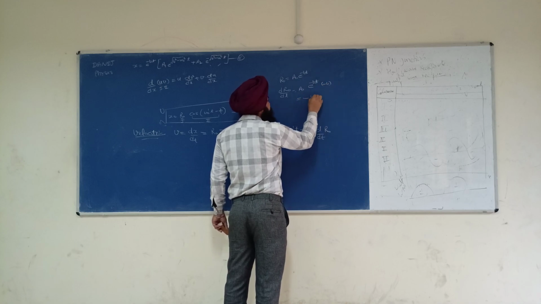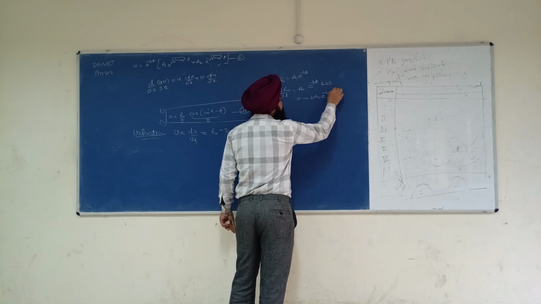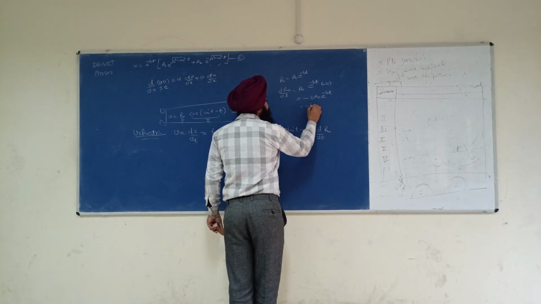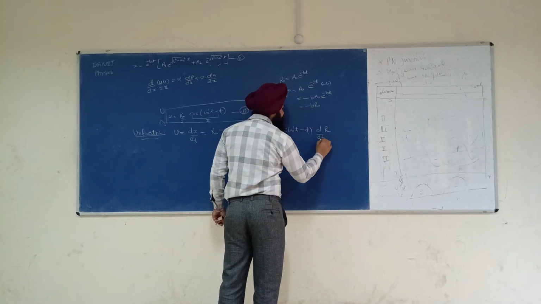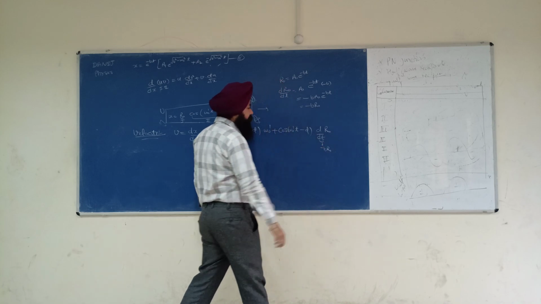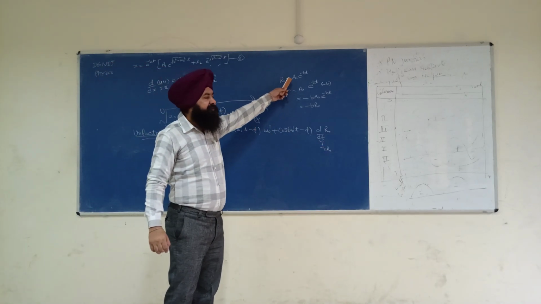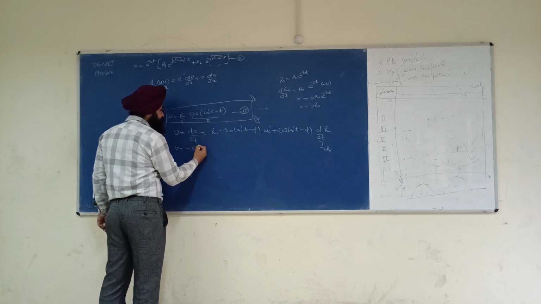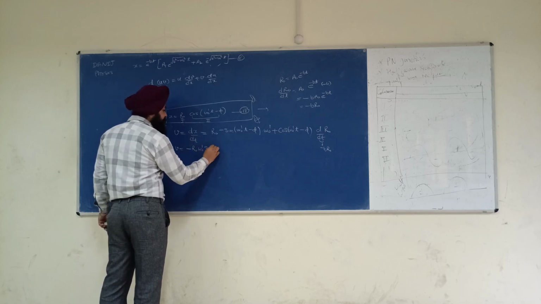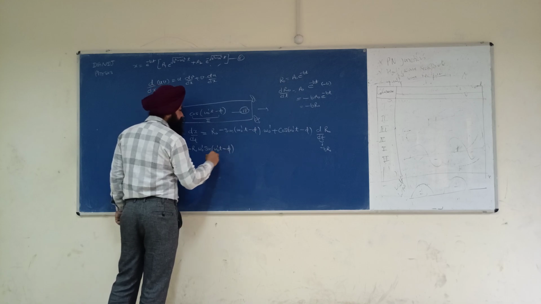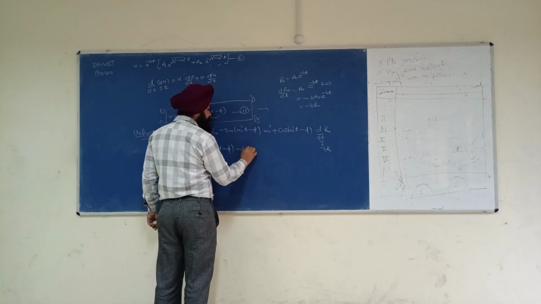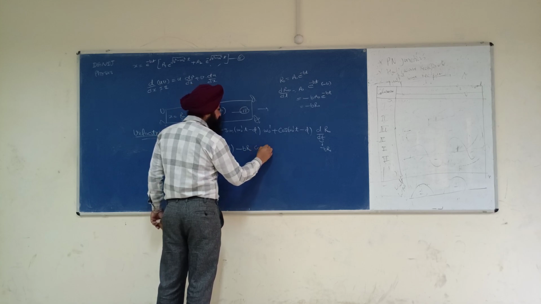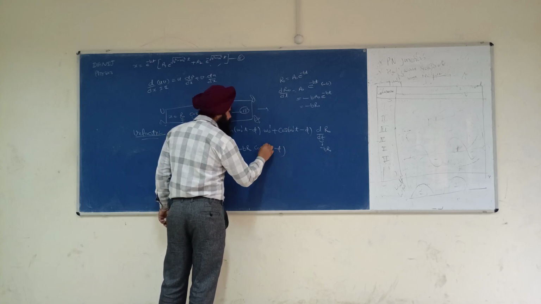That comes out to be minus b a naught e to the power minus bt, which becomes minus b r naught. So the expression becomes minus r naught omega naught prime sin, minus b r naught cos of omega naught prime t minus phi.